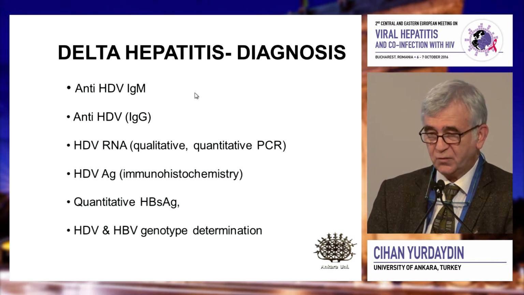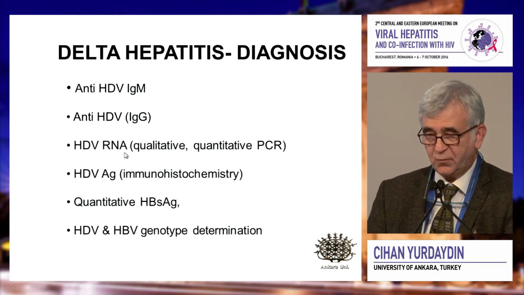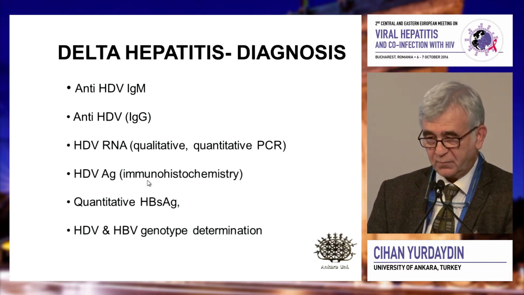So in terms of diagnosis, we have anti-HDV IgM, IgG, qualitative and quantitative HDV RNA measurements by PCR, immunohistochemistry, delta antigen, quantitative surface antigen levels, and genotype determination.